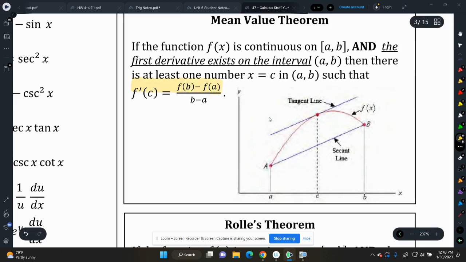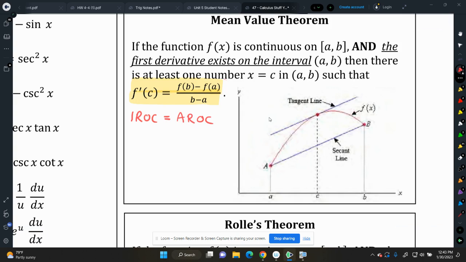What does this mean? What does f prime of C mean? The slope, which is the instantaneous rate of change. What does the other side of this equal sign stand for? The average rate of change.